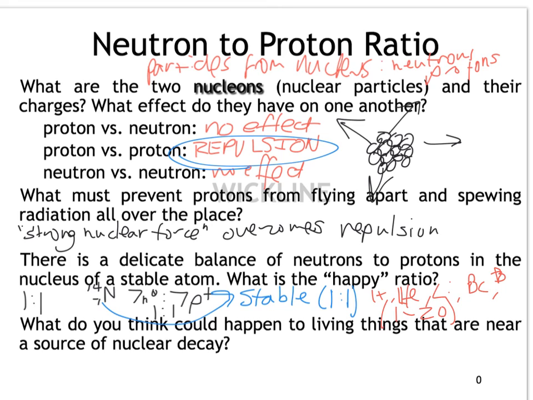So the 1 to 1 ratio only works if you're in that small group at the beginning, from element 1 to element 20, and that's hydrogen, helium, lithium, beryllium, boron, carbon, nitrogen, oxygen, fluorine, neon, sodium, magnesium, aluminum, silicon, phosphorus, sulfur, chlorine, argon, potassium, and calcium. Only those.